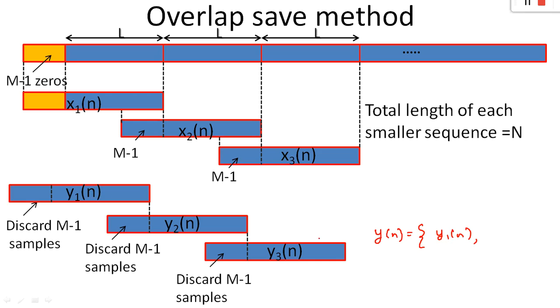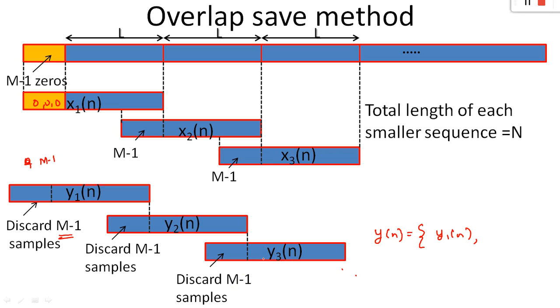From this y1 of n, I will discard the first m minus 1 samples. In the previous case, I took h of length 4, where I added m minus 1, that is 3 zeros here. So that was added, and I remove it at the end of the output. Again, m minus 1 samples are discarded from y2 of n, m minus 1 samples are discarded from y3 of n, and it continues.